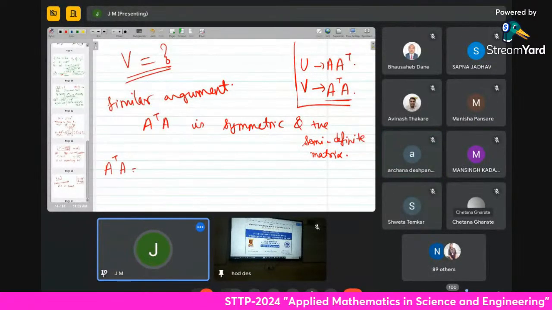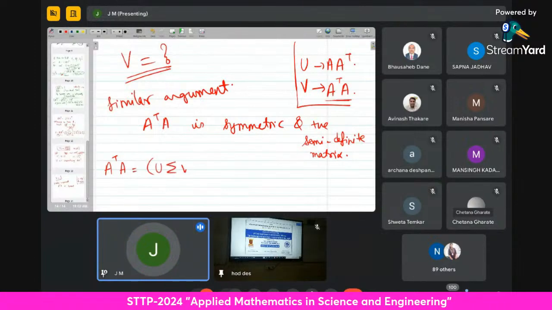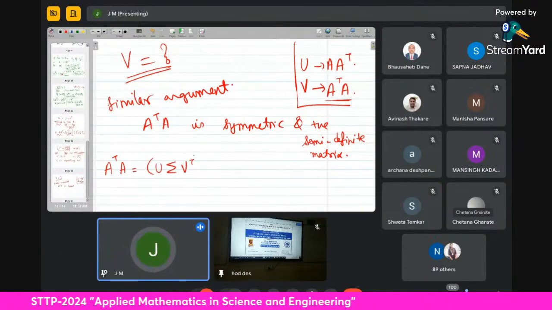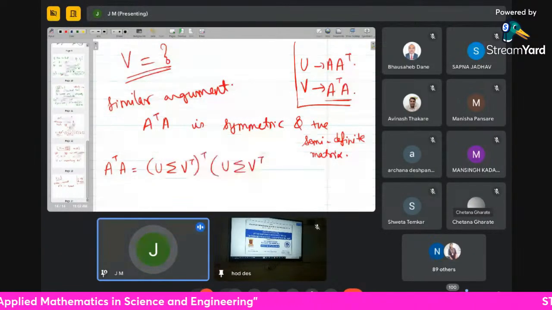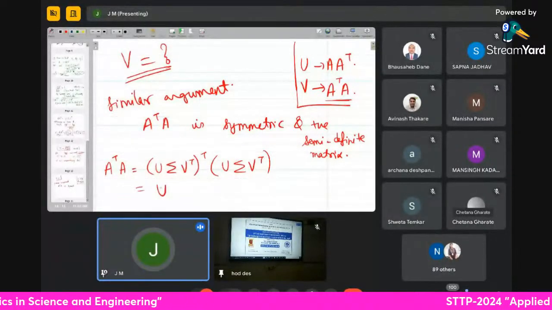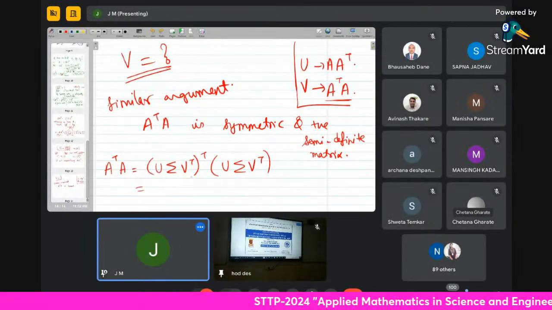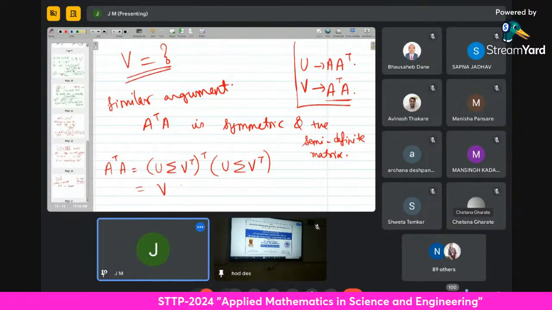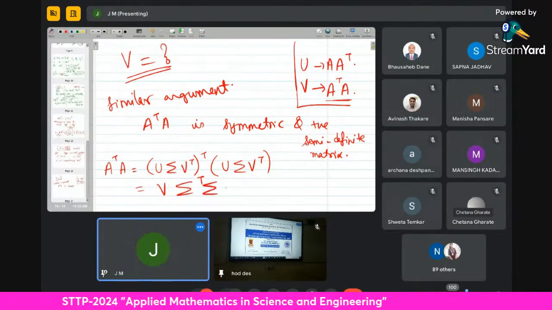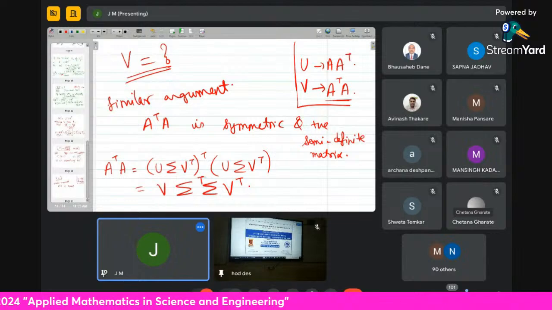A is U sigma V transpose, and A transpose A is nothing but V sigma transpose sigma V transpose. So again, the same thing.